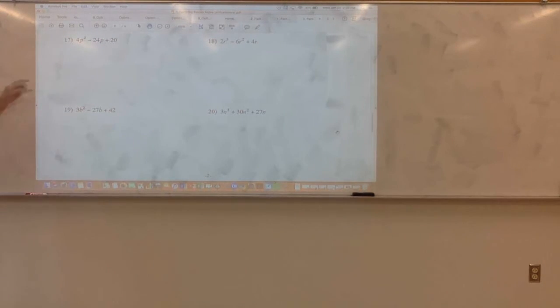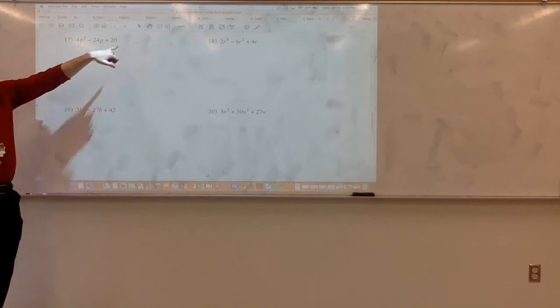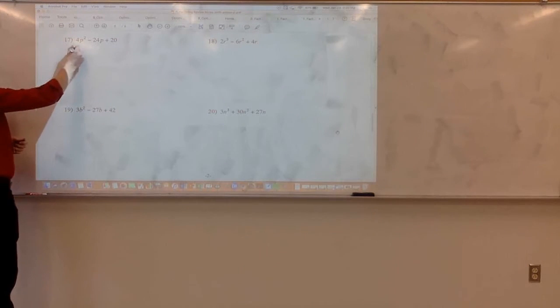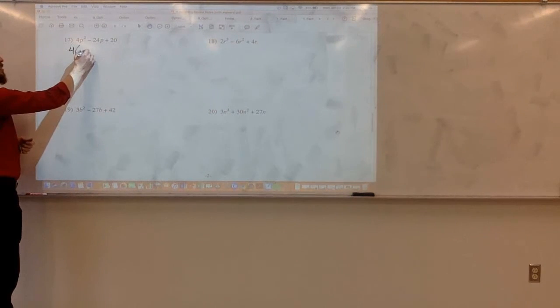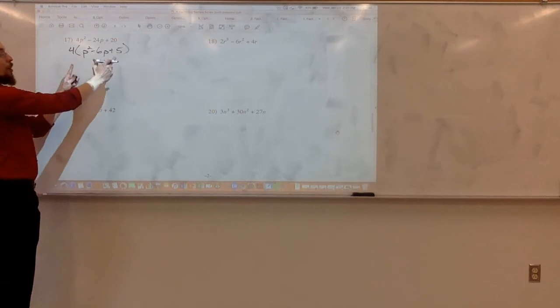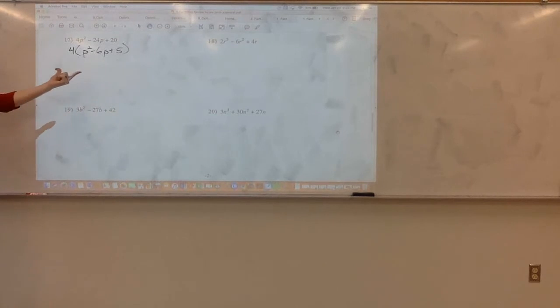So in this first example, 4p squared minus 24p plus 20, is there a GCF? Is there a common factor that I can divide into all three of those terms? 4. And I can take a 4 out of all. So what am I left with then? Exactly. So now I just want to factor this, the p squared minus 6p plus 5.